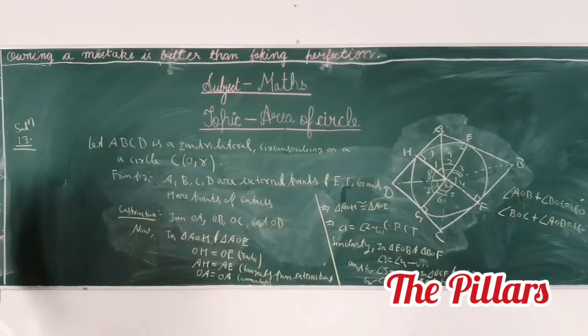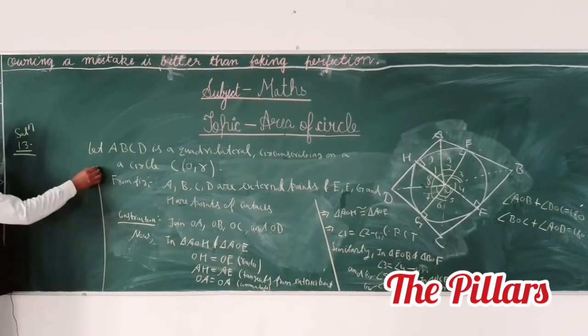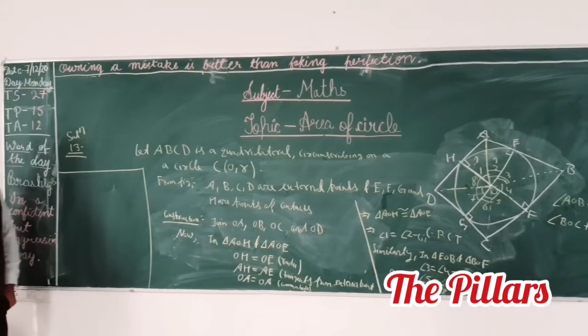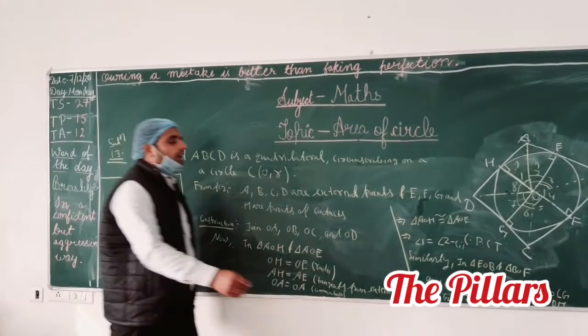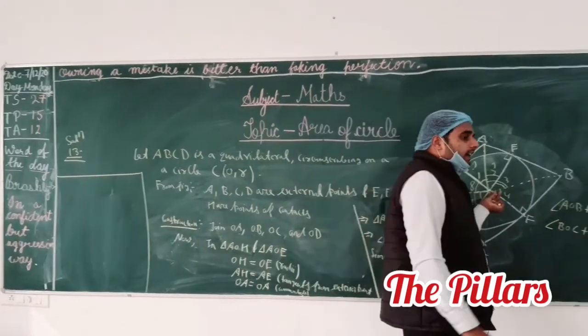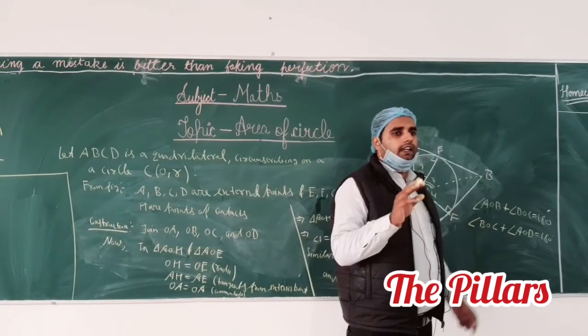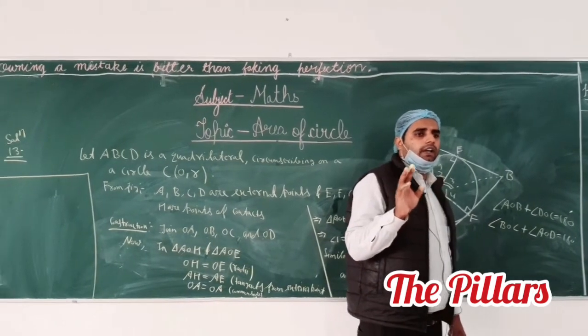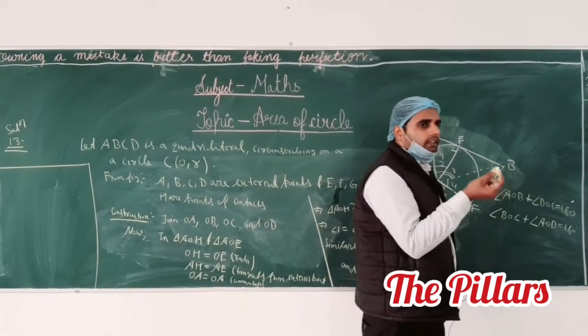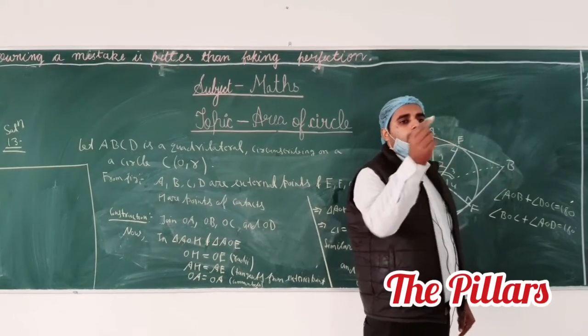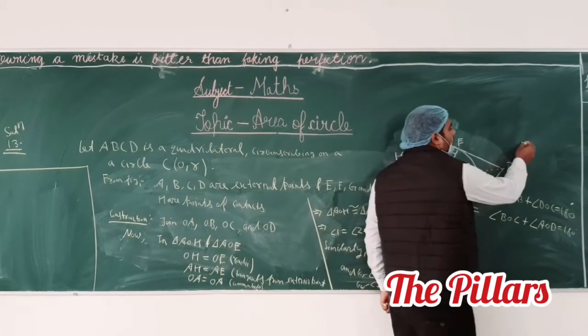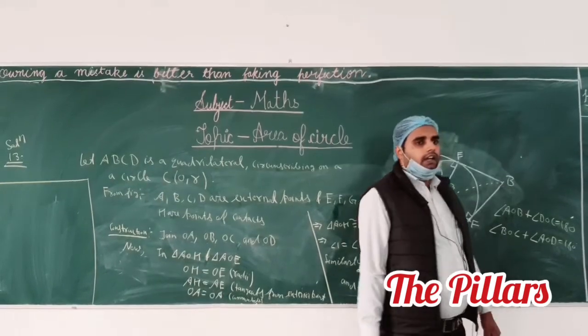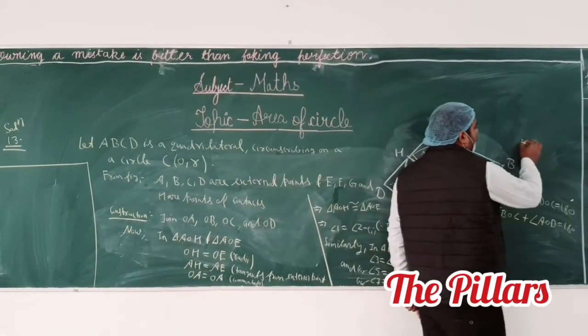Now we have to use the angle at a point property: the whole angle at a point. Suppose this is your point and we take all the angles around it.